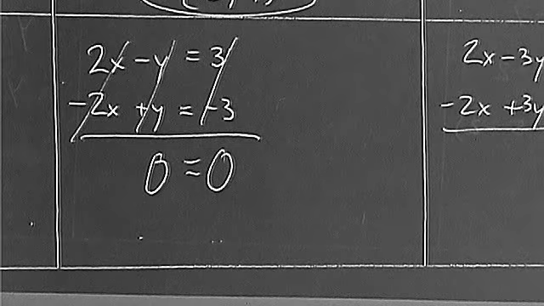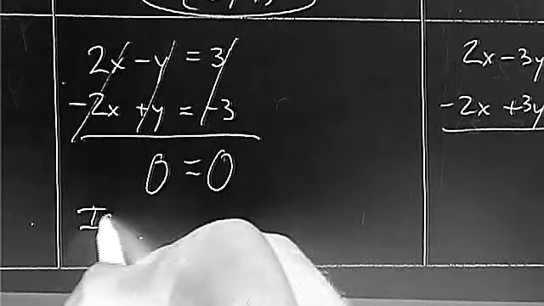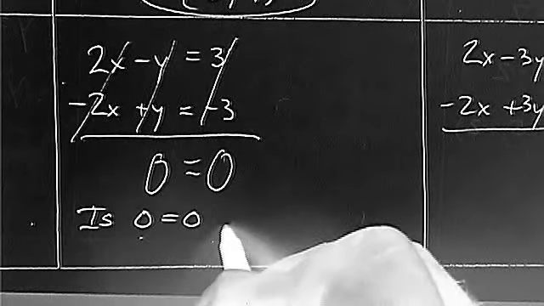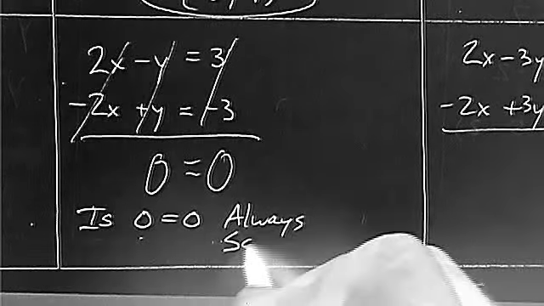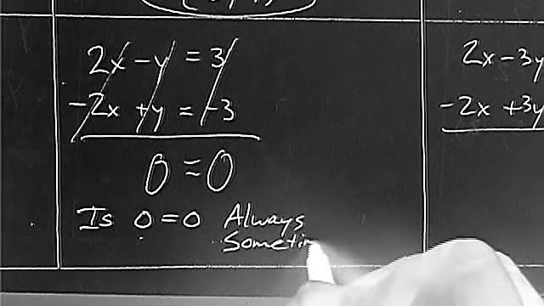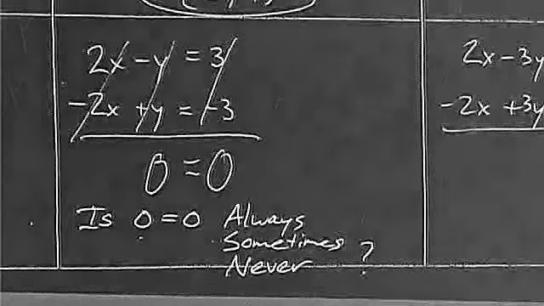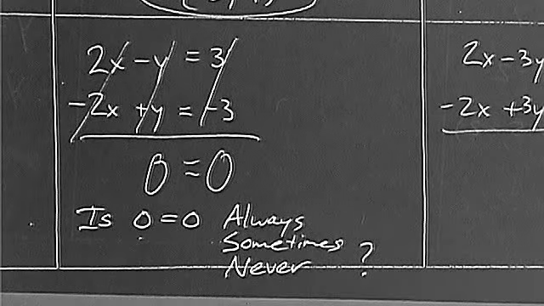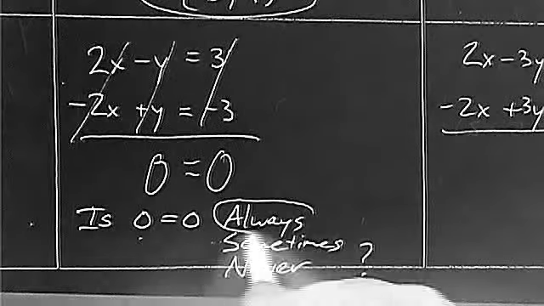So my question to you is, is 0 equal to 0 always, sometimes, or never? Is 0 equal to 0 always, sometimes, or never? Of course the answer is always.